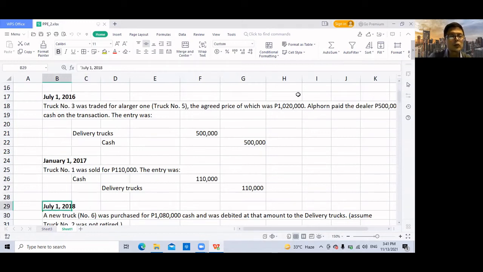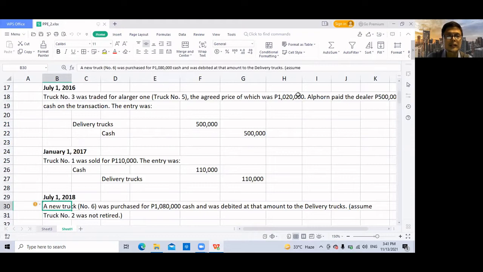And then July 2018, a new truck, number 6. So bumili pa ng isang truck. Was purchased for 1,080,000 cash and was debited at that amount to the delivery trucks. So mahilig siya mag-debit sa delivery trucks. Siguro kasi ito yung account na ginagamit nila.